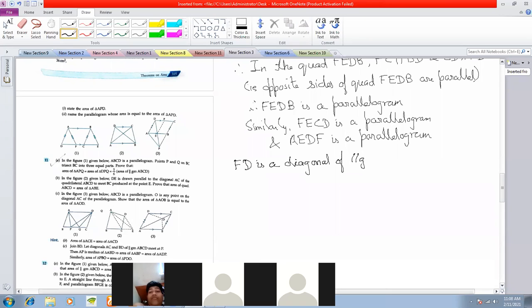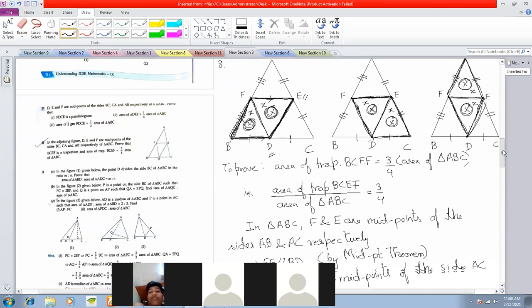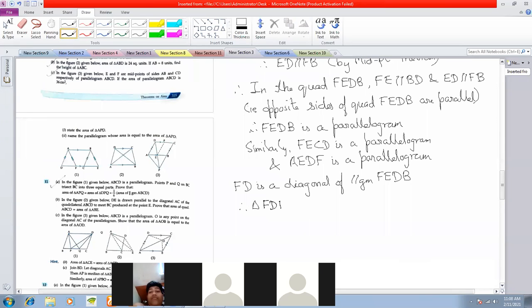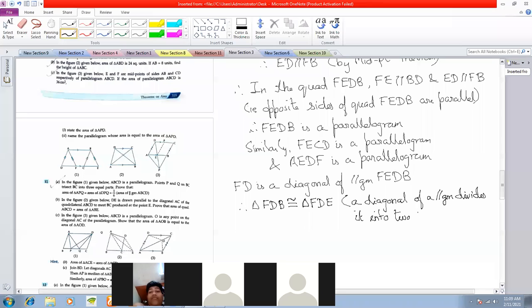Therefore, triangle FDB is congruent to triangle FDE because, you'll give your reason, a diagonal of a parallelogram divides it into two congruent triangles, right?